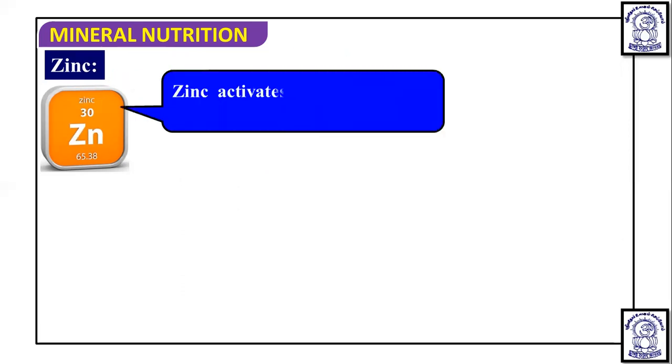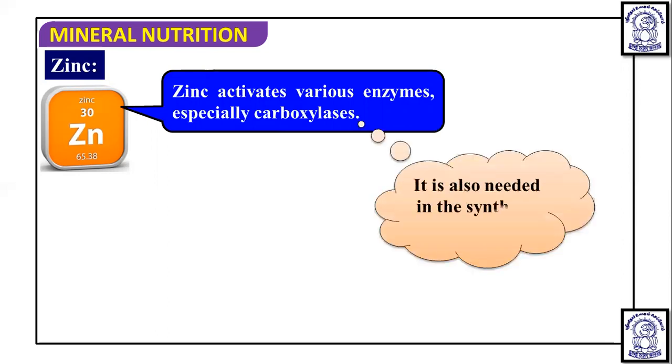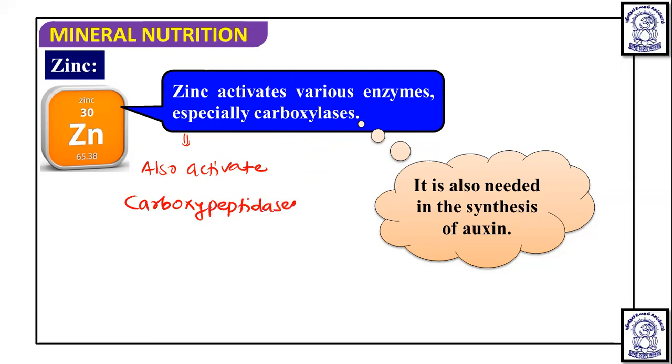Okay, so it activates various enzymes, especially carboxylases. Along with this, it is also needed in the synthesis of auxin and it also activates some more enzymes. It is also known that it activates carboxypeptidases and alcohol dehydrogenase. Okay, they also play a role in this.